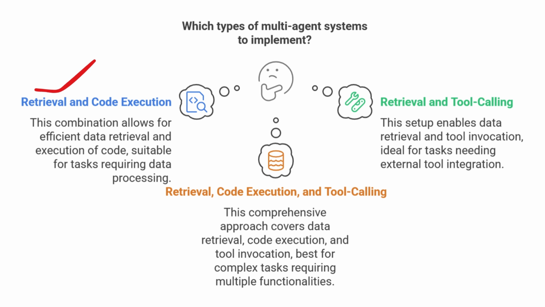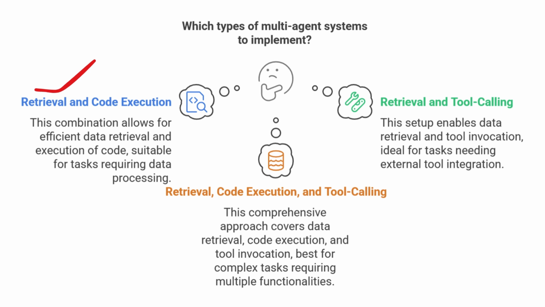One common combination is using a retrieval agent with a code execution agent. This is especially useful for tasks like data analysis, financial modeling, or research, where raw information needs to be processed before it becomes meaningful. For example, let's say we want to build an AI-powered stock market analyst.